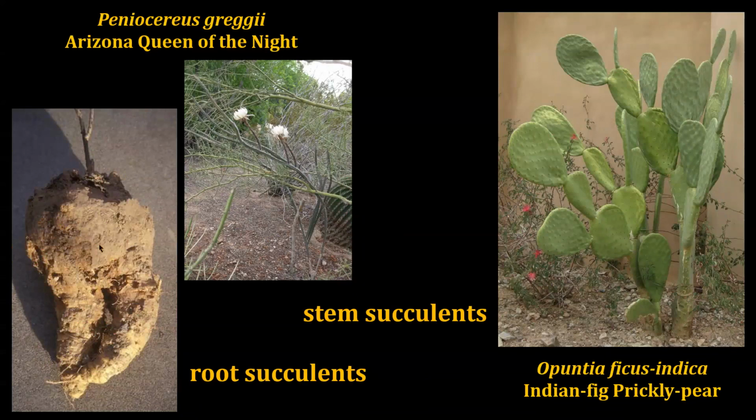But below ground, this tuber is getting larger and larger as this plant ages. This root system is able to store quite a bit of moisture underground as a reserve. And we can also classify this as a stem succulent as well. These stems do have the fleshy tissue, and they are storing some moisture, but not nearly as much as that tuberous root system underground.